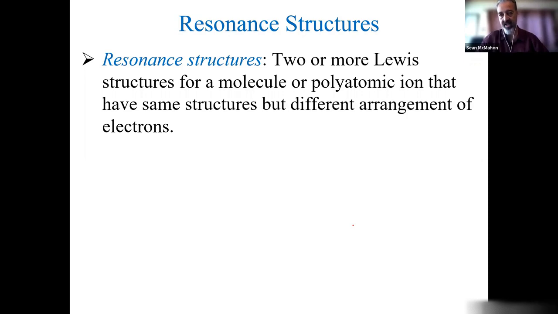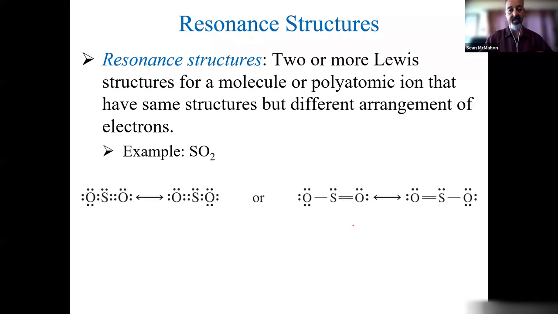They cannot show the full display of the bonds for particular molecules. So what do I mean by that? Well, in some cases, I could actually draw the same molecule 2 different ways.